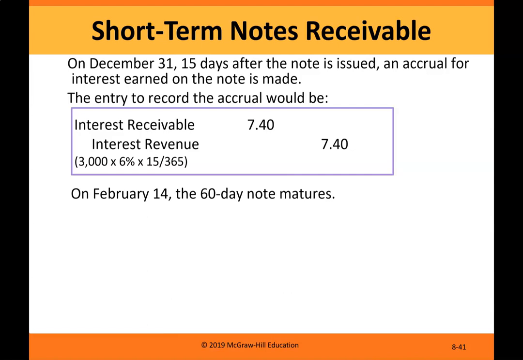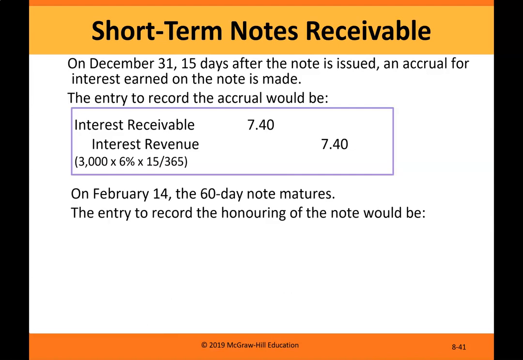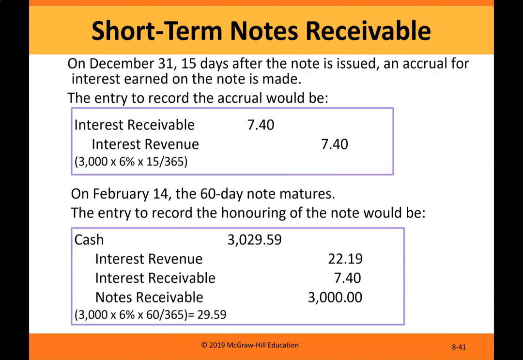On February 14th, the 60-day note matures. The entry to record the honoring of the note would be debit cash $3,029.59, credit interest revenue $22.19, credit interest receivable $7.40, credit notes receivable $3,000. $3,000 times 6% times 60 over 365 equals a total interest of $29.59.